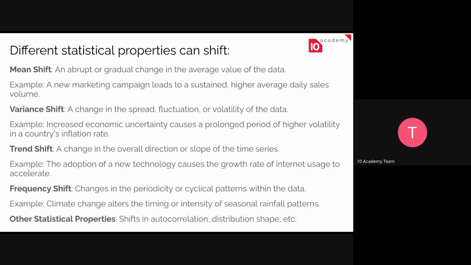So that cycle repeats itself many times throughout the year, right? Climate change alters the timing and intensity of seasonal rainfall patterns and so on. And other statistical shifts in autocorrelation, distribution shape, etc. So the main ones are these four.